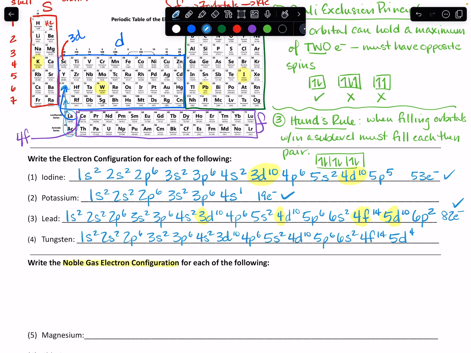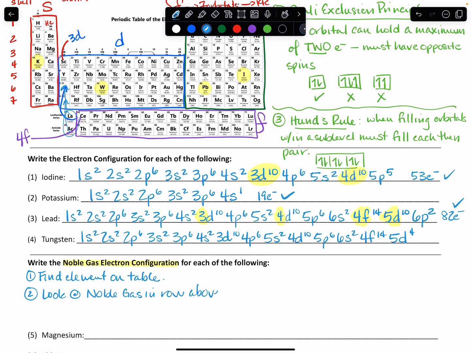For the noble gas configuration, you're going to find your element on the table and then look at the noble gas in the row above your element.